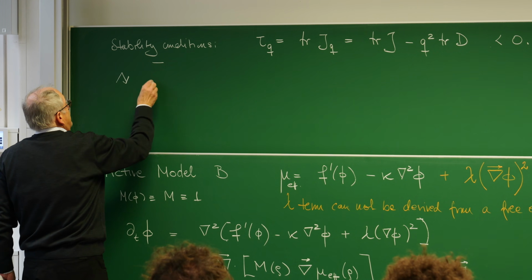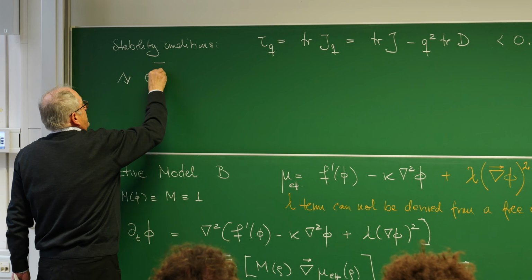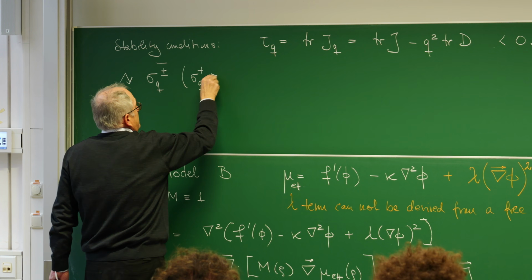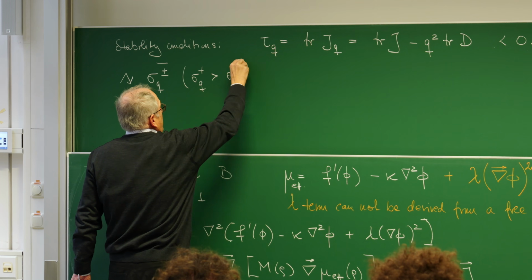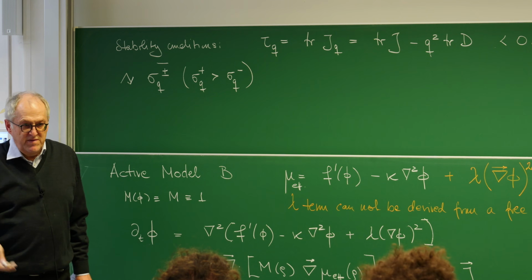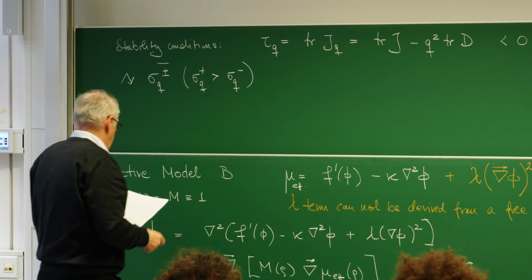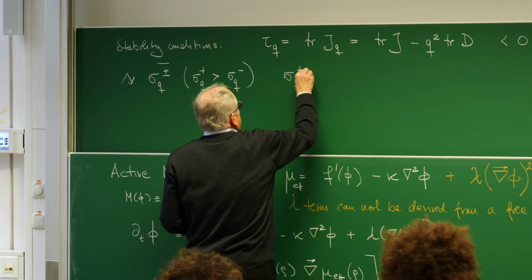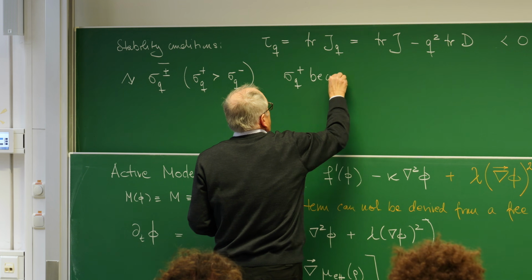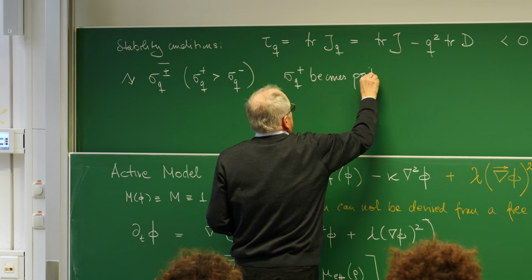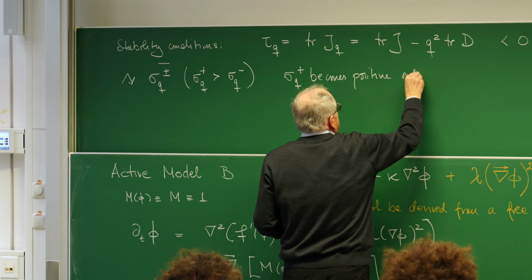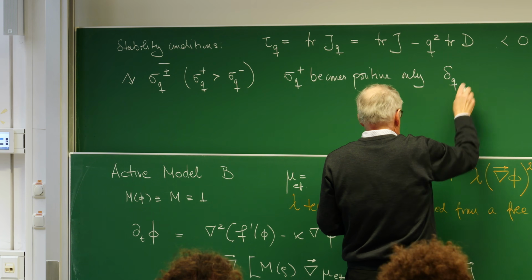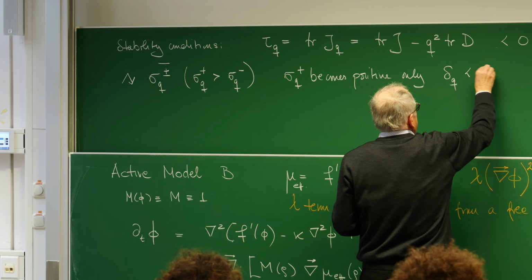That means from the two eigenvalues, and let's say I'm taking plus as the one that's larger, that's my choice, I have to have that this here becomes positive, and only if the determinant delta Q is less than 0.